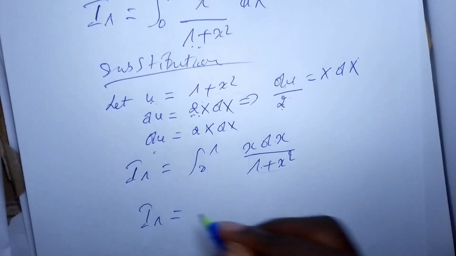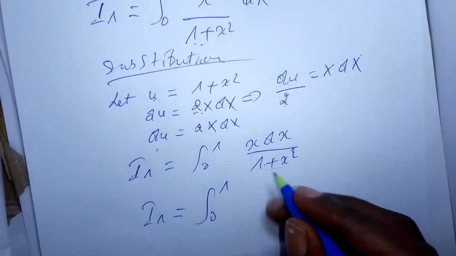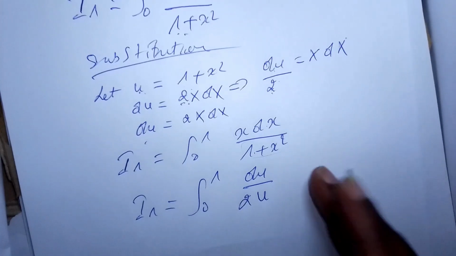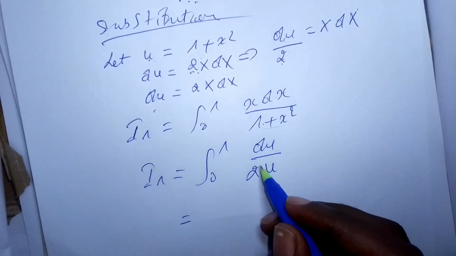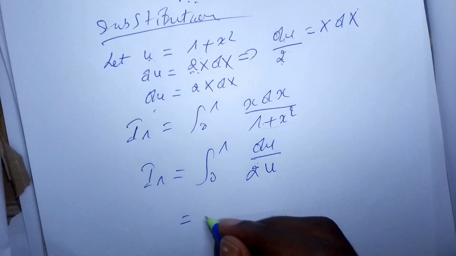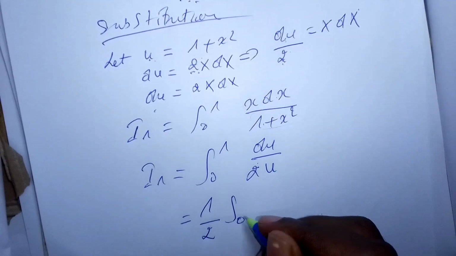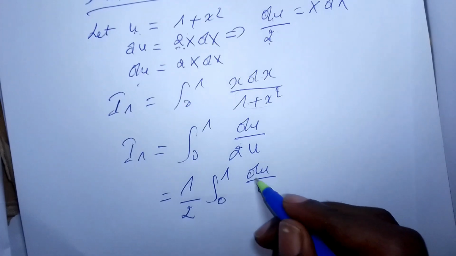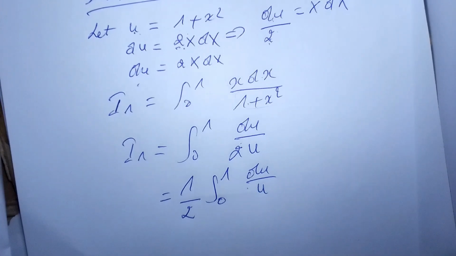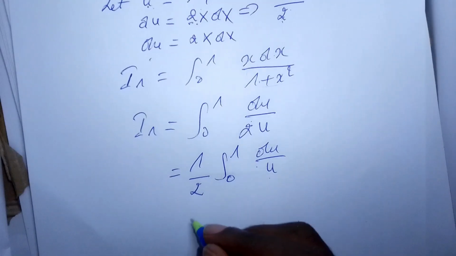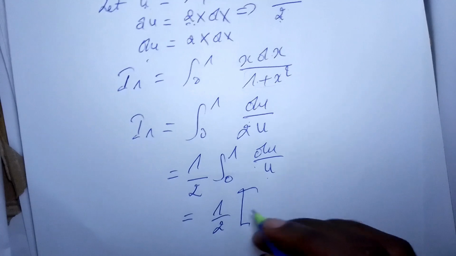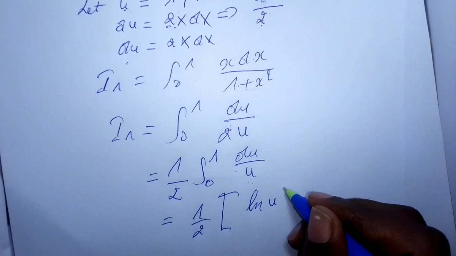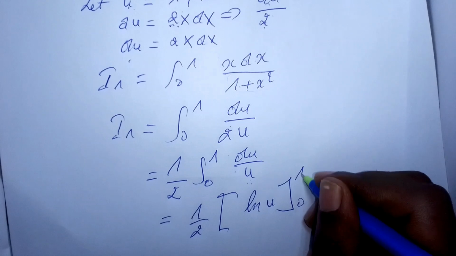So I1 equals the integral of du over 2u. The 1 over 2 is a constant, so it comes out: 1 over 2 times the integral of du over u, which gives ln of u, bounded from 0 to 1.